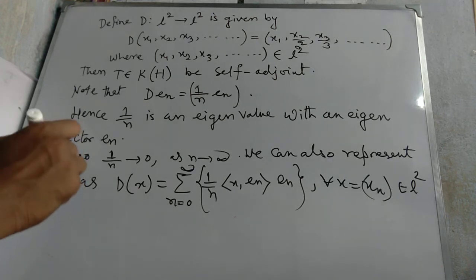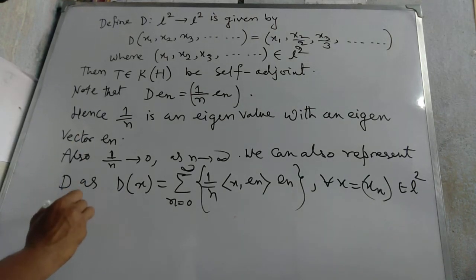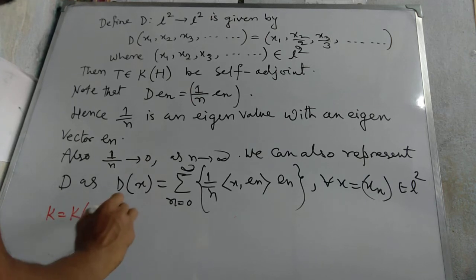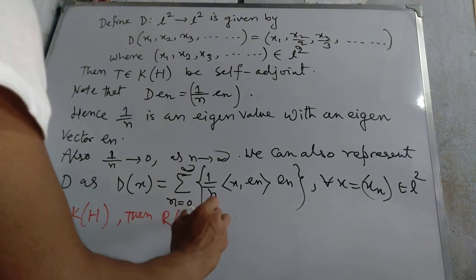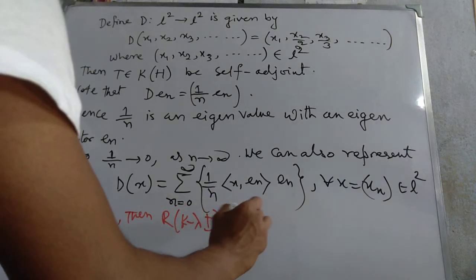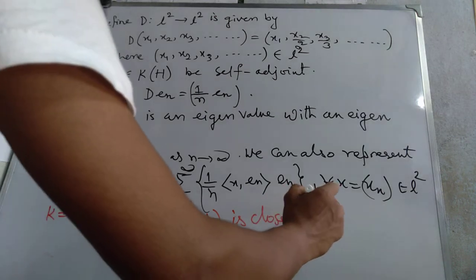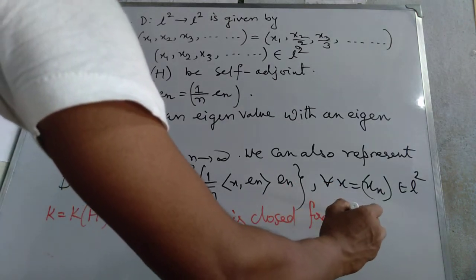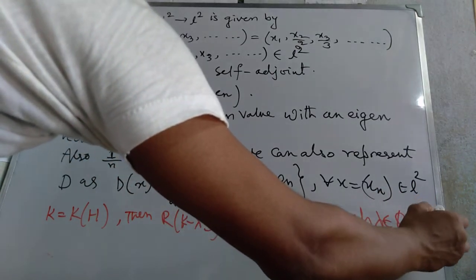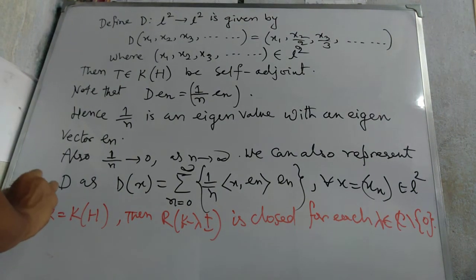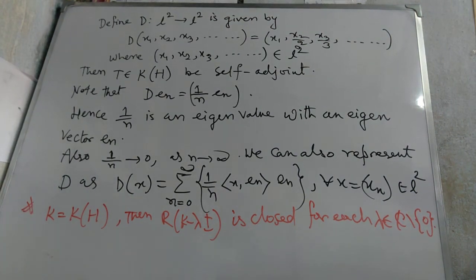Now we go to another observation. If K equal to K*, then the range of K minus lambda I is closed for each lambda belonging to C minus 0. This is one observation.